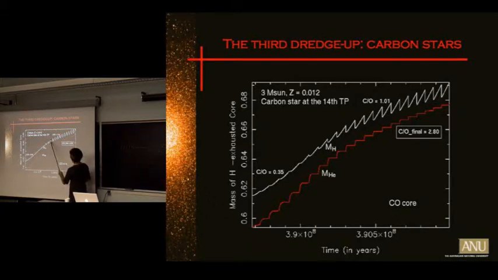So each of these dips is a mixing episode that mixes some carbon into the envelope. The star goes from a surface carbon-to-oxygen ratio of 0.3 to a carbon star, where it's greater than 1, at the 14th thermal pulse. This is how you make carbon stars and s-process elements.